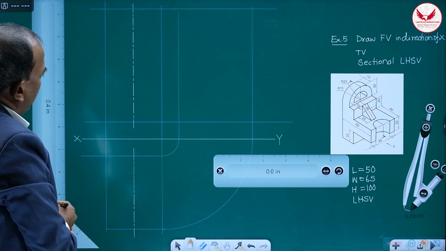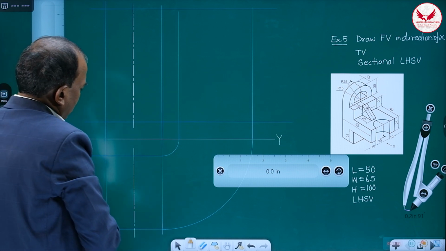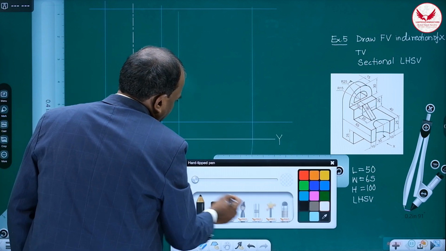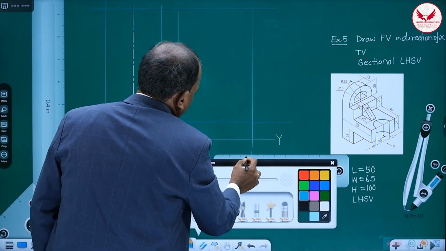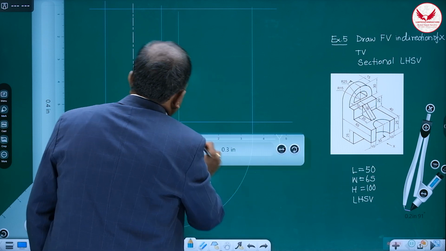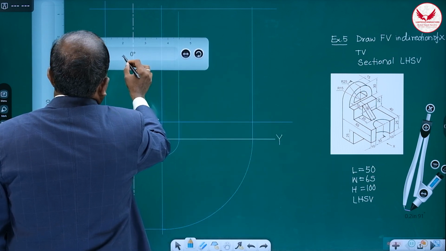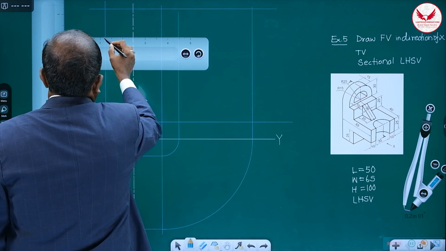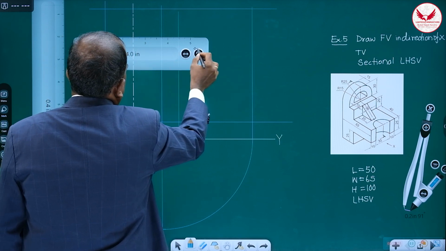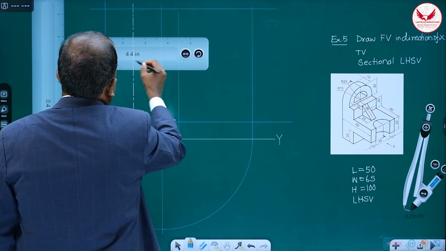Once you mark the center, then you can think of marking some light lines, and they may be useful in the side view also.